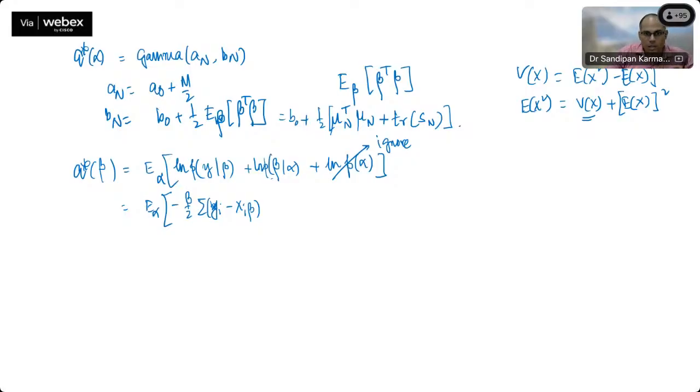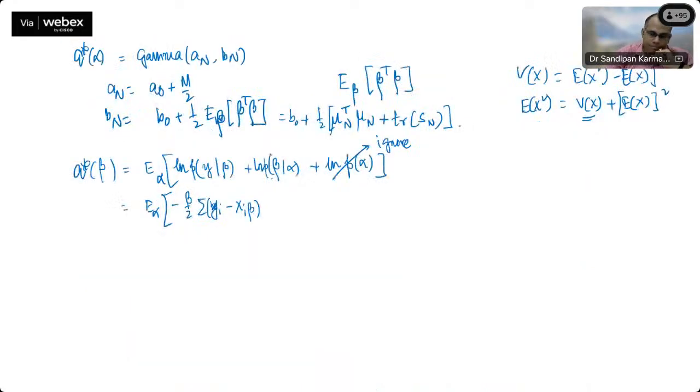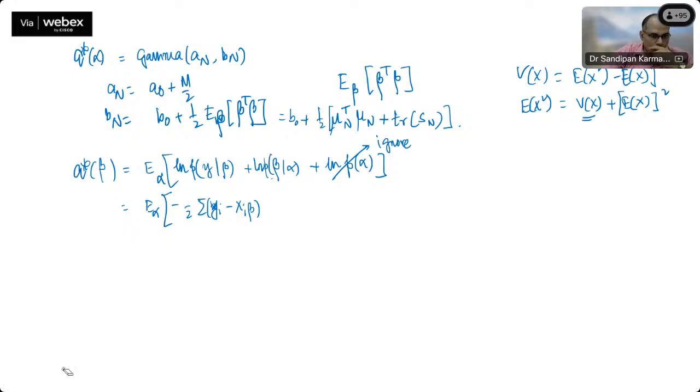Precision I have to bring. Precision was rho. Sorry, this will be minus rho by 2 times the summation of yi minus xi beta square.